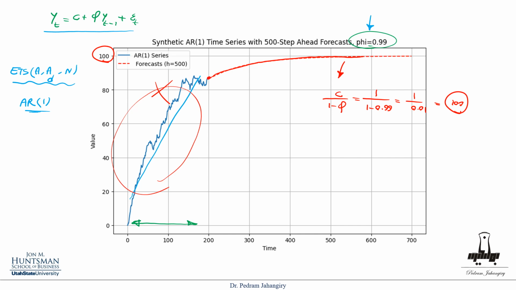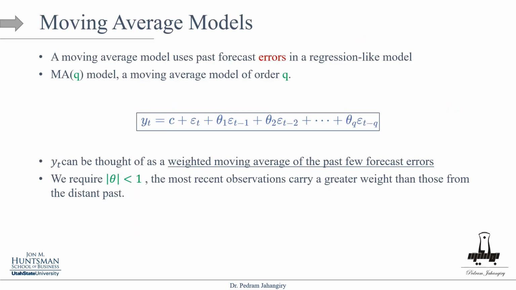Now let's get into the next component of the ARIMA model, the moving averages component, the MA component. Now let's talk about the moving average models, right? This is the second component of our ARIMA models. Here's the functional form, and as you can see, we're writing down our Yt as a weighted moving average of the previous error terms, right?